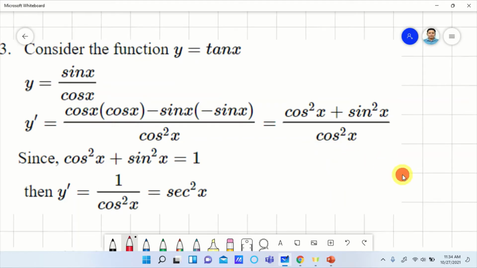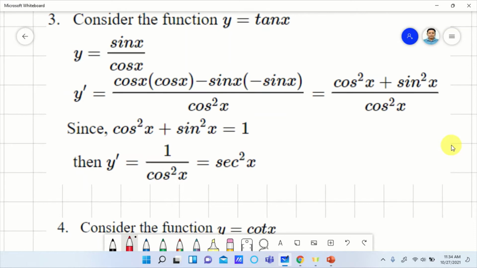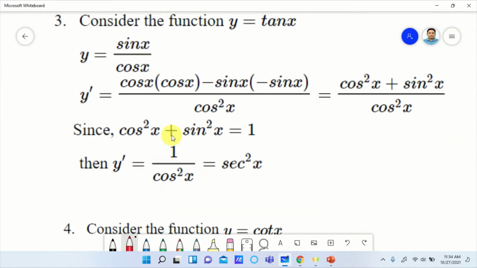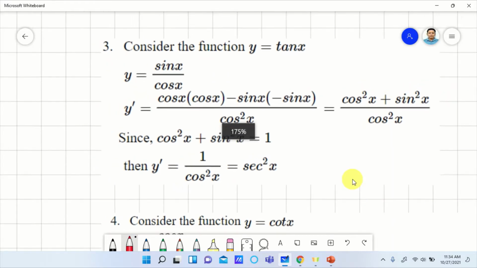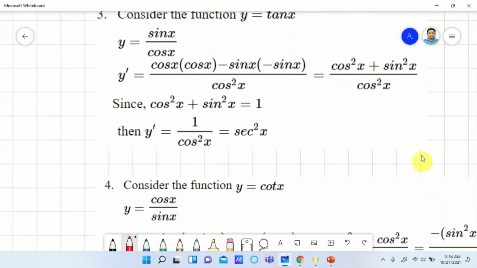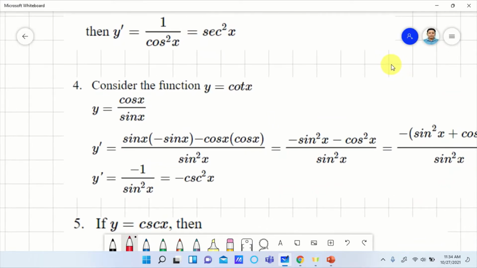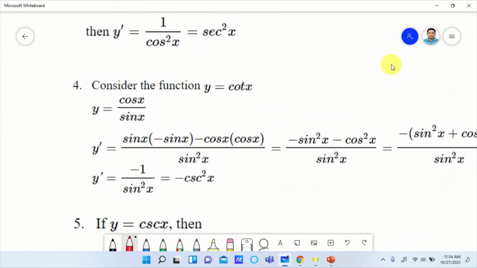But you're aware of the Pythagorean identity: cosine squared x plus sine squared x is equal to 1. So definitely you can replace the numerator by 1. The derivative therefore is equal to 1 over the square of cosine x, which is simply equal to the square of secant x.